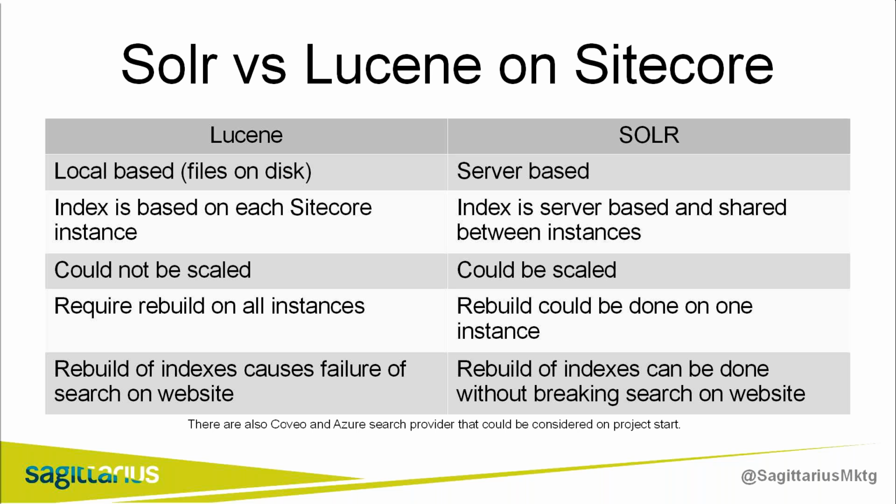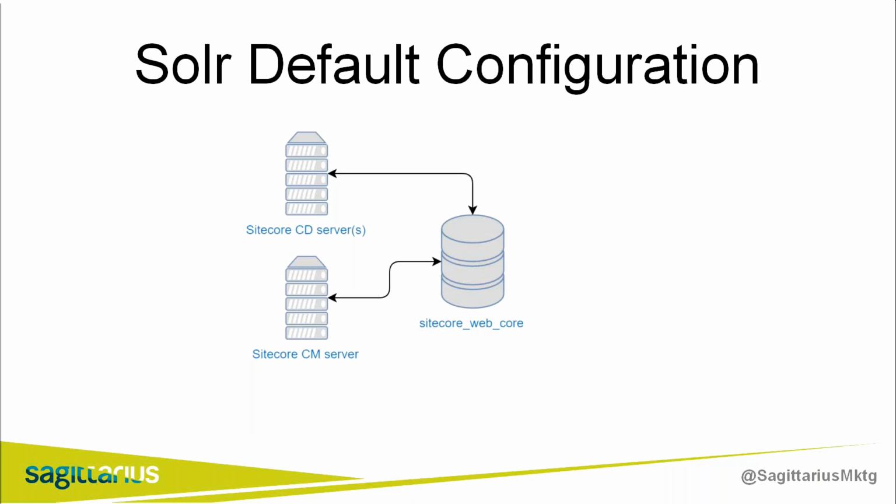Now let's see how the SOLR basic configuration is done. So here is a simple diagram that we have. We can have a Sitecore CM server, and it can work with multiple SOLR cores.